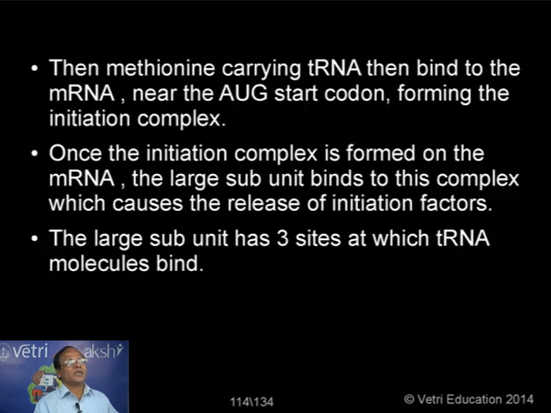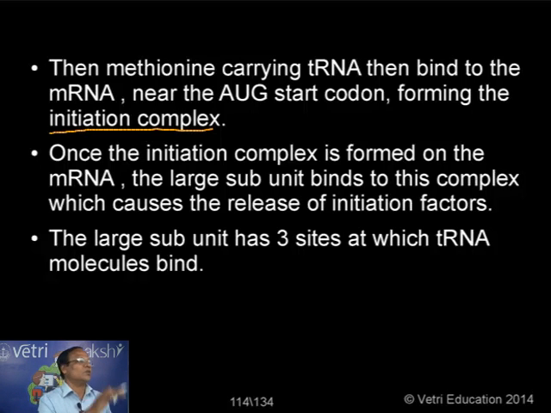So now the methionine tRNA binds to the mRNA near the region where you have the start codon AUG, and thus forms what is called the initiation complex. The initiation complex is formed because of the initiation factors along with the base pairing between the binding of the amino acid tRNA having methionine and the initiator codon AUG, all formed on the mRNA.